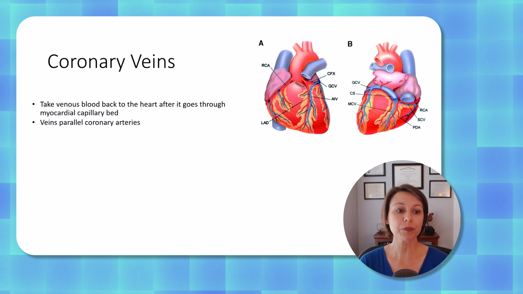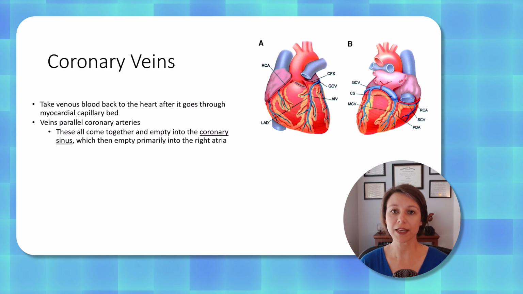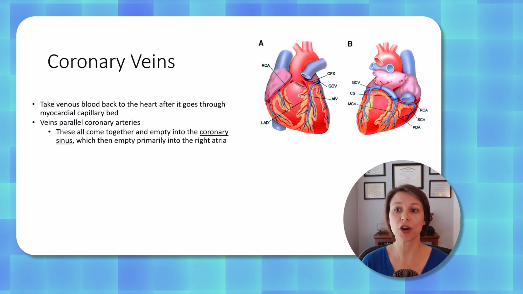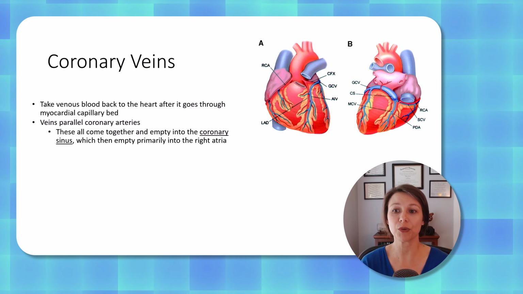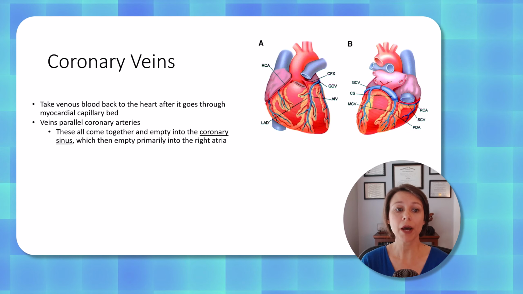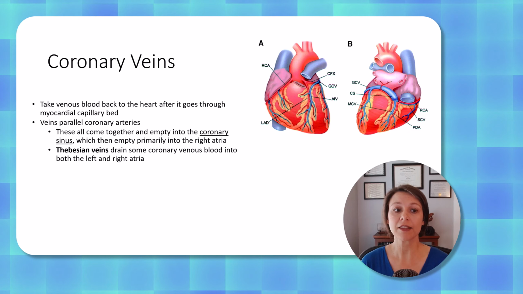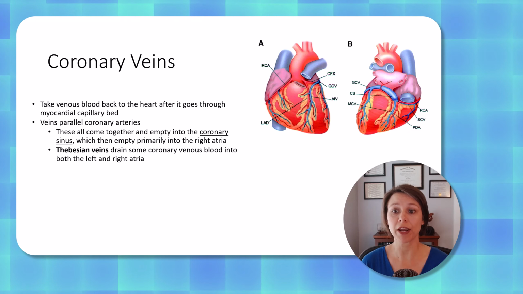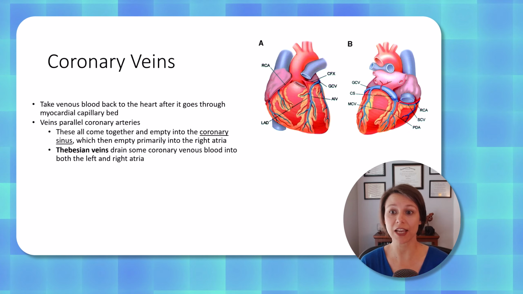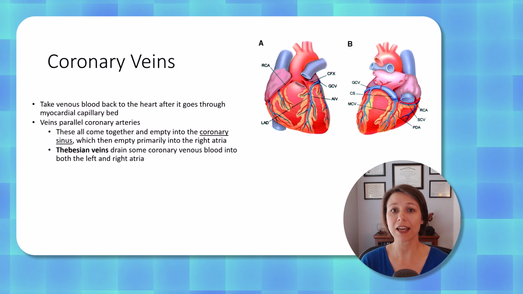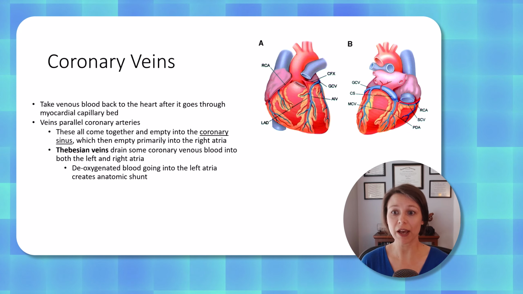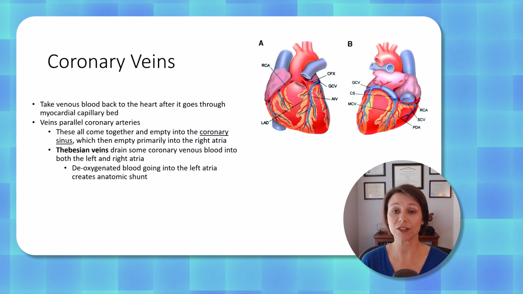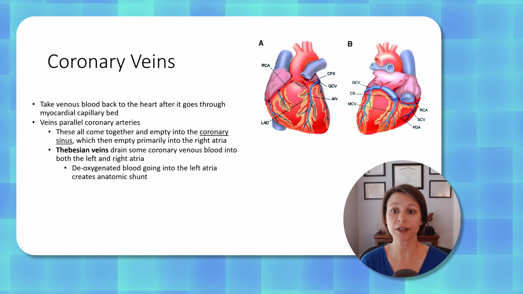And so these all come together and empty into the coronary sinus, which empties primarily into the right atria. But we do have these Thebesian veins that actually drain into the right and the left atria, and this creates an anatomic shunt because we have deoxygenated blood that is going into the left side of the heart.